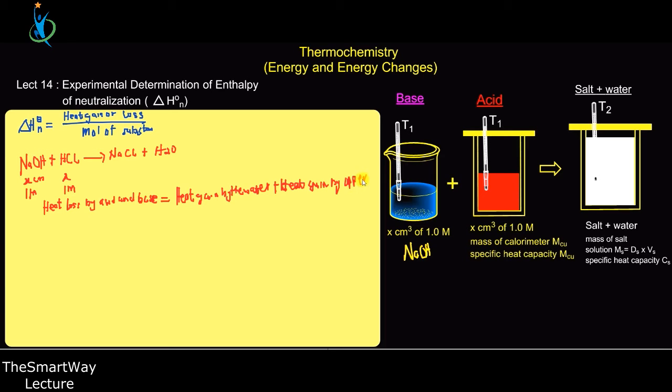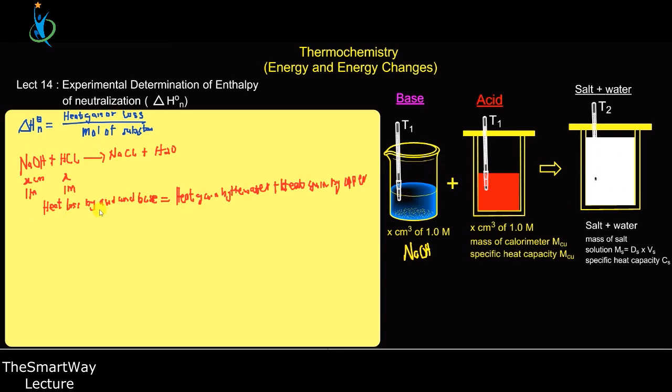So when you bring the acid and base together, it will evolve or liberate heat. The heat will be given to the surrounding, and the water is the first surrounding of the acid, and then it will also be gained by whatever is surrounding the water. Reactions are taking place in the water, and these reactions are giving off heat, and the water is taking the heat. And because copper is also surrounding the water, the copper also takes some amount of heat.